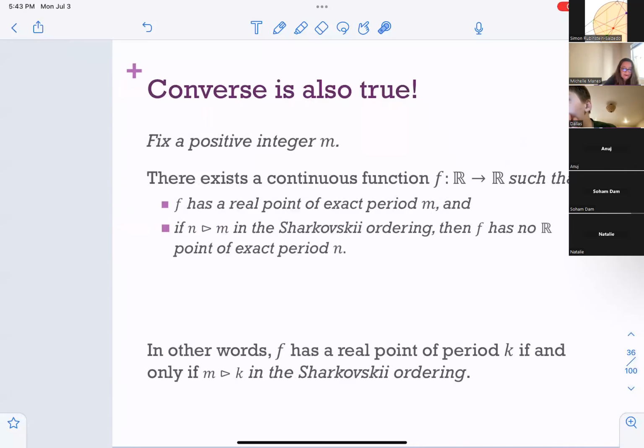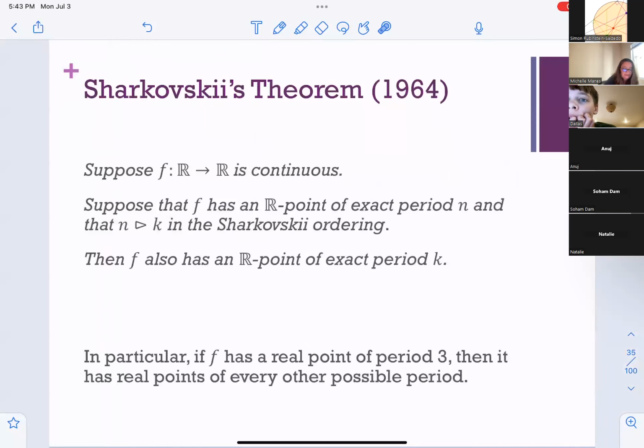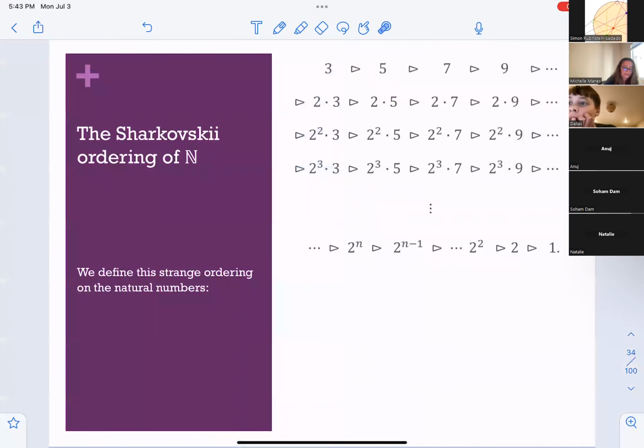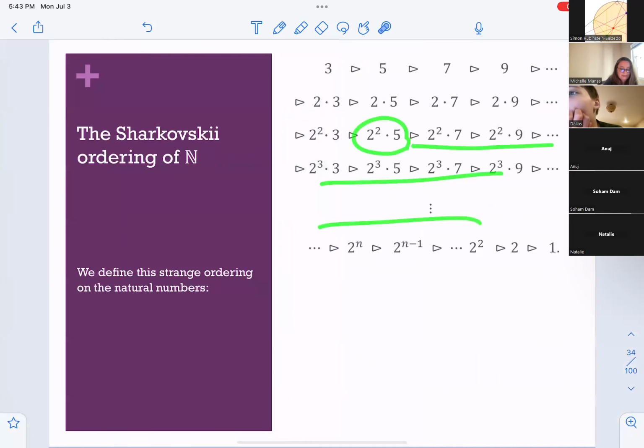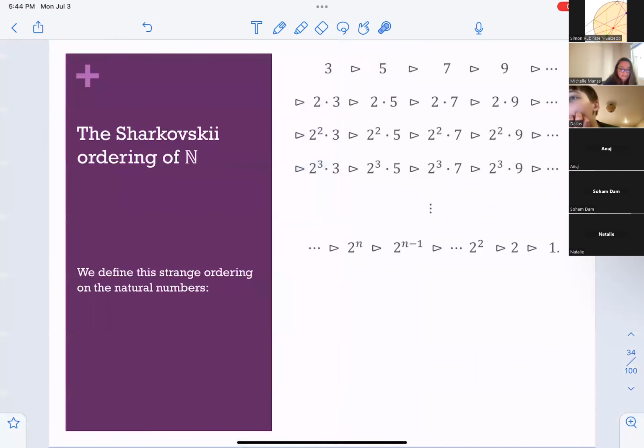Oh, can I explain the part about the ordering? Yeah, so let me go to the ordering and tell you what the theorem says in words. The theorem says if I have a continuous function, and I know I have a real point of period, let's say, 20, then I definitely have points of every smaller period in the ordering.